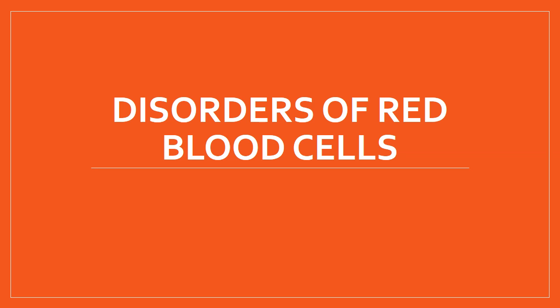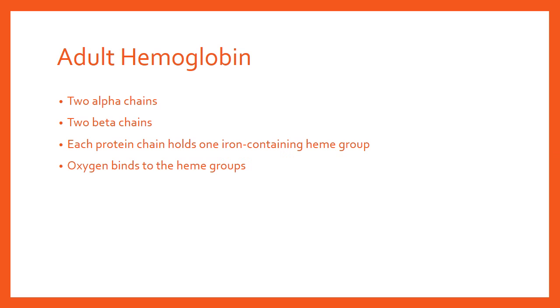Let's talk about disorders of red blood cells. And red blood cells, as we know, the other name for these is erythrocytes. Red blood cells contain hemoglobin that's vital for oxygen transport. The hemoglobin molecule in the adult has 2 alpha chains and 2 beta chains, and by chains, I mean polymers or polypeptides.